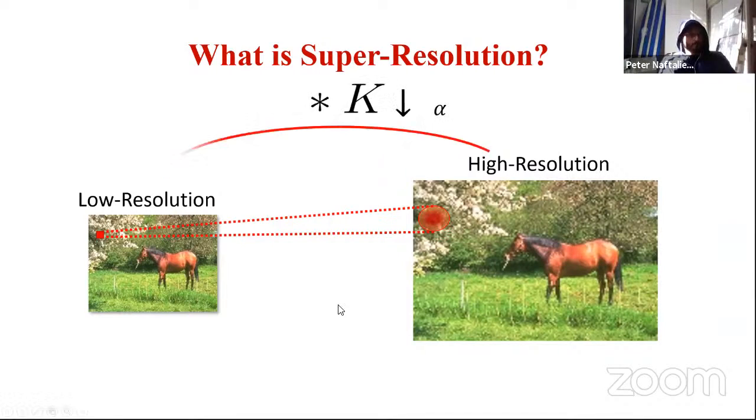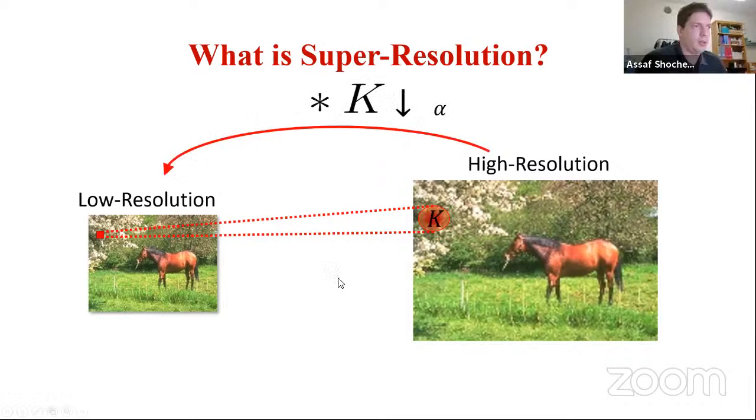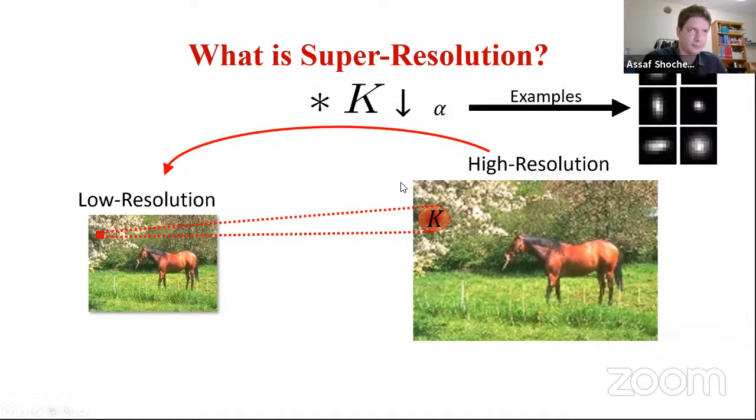And I'll remind you again that in super resolution we want to have a higher resolution version of the original image that we have, and we should know that each pixel in the original image is the result of convolution with some kernel and subsampling. This is the way downscaling occurs even in optical devices.